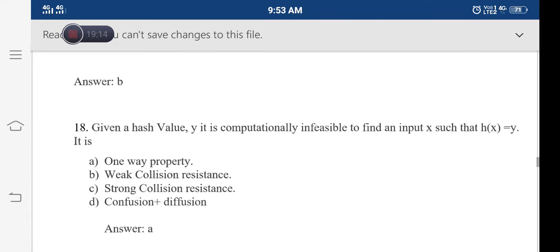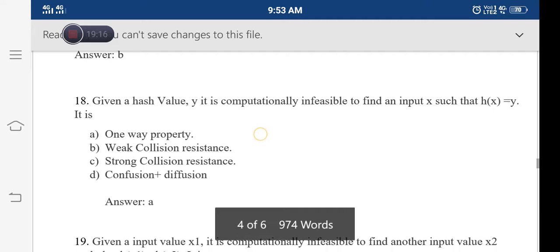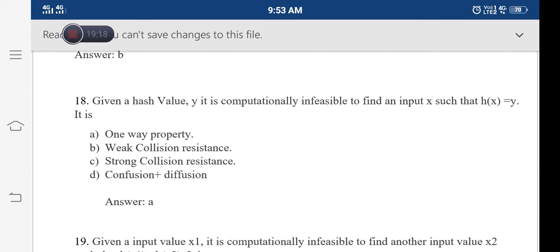Then 18th question. Given a hash value y, it is computationally infeasible to find an input x such that h of x equals y.